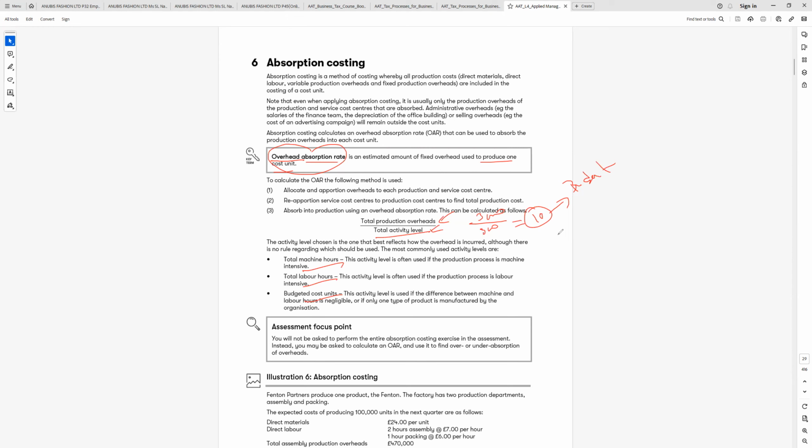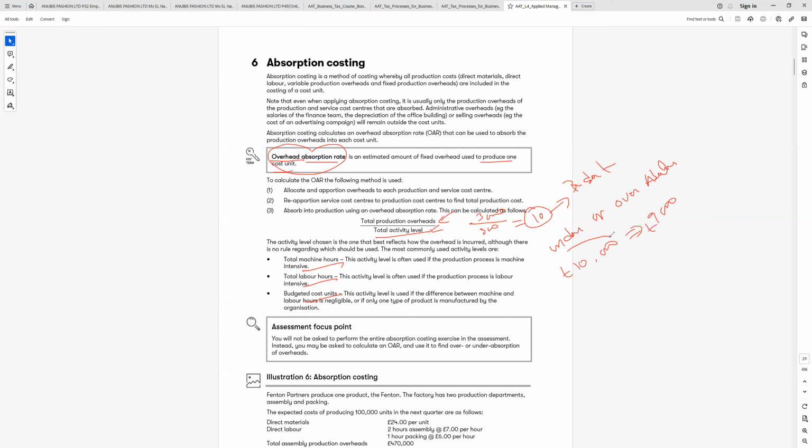For that reason, every time we prepare the profit and loss statement, you always look at under or over absorption. Under absorption costing, we are always checking: is it under absorbed or over absorbed? Why? Because under the absorption costing method, I make an estimate. For example, I estimate my overhead will be 10,000 pounds, but actually the overhead is 9,000 pounds.